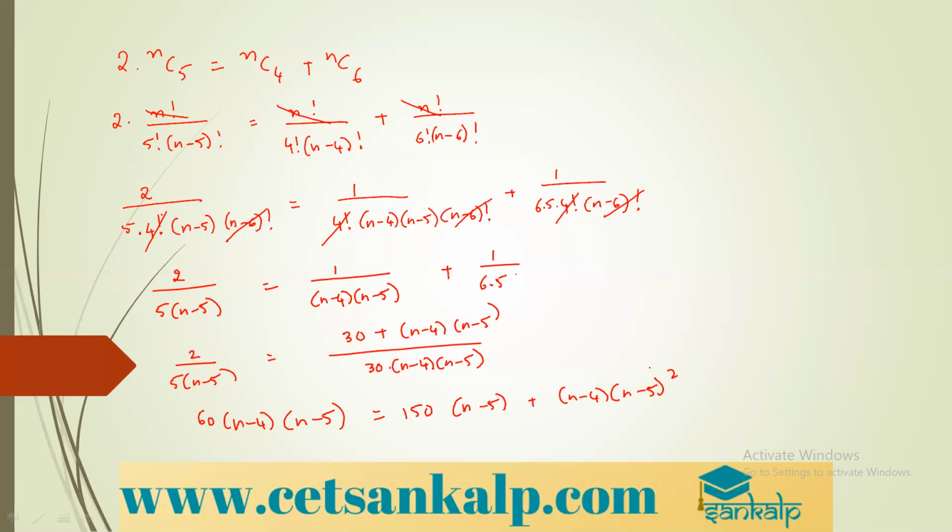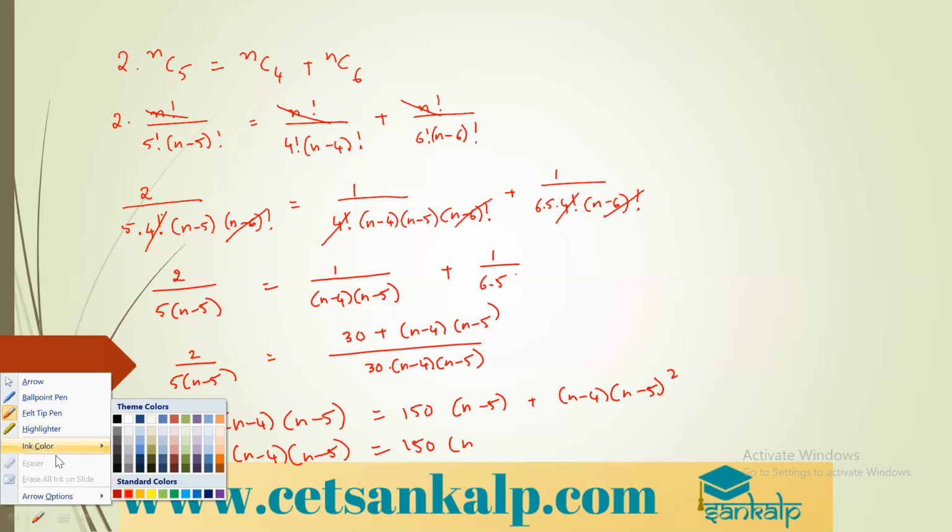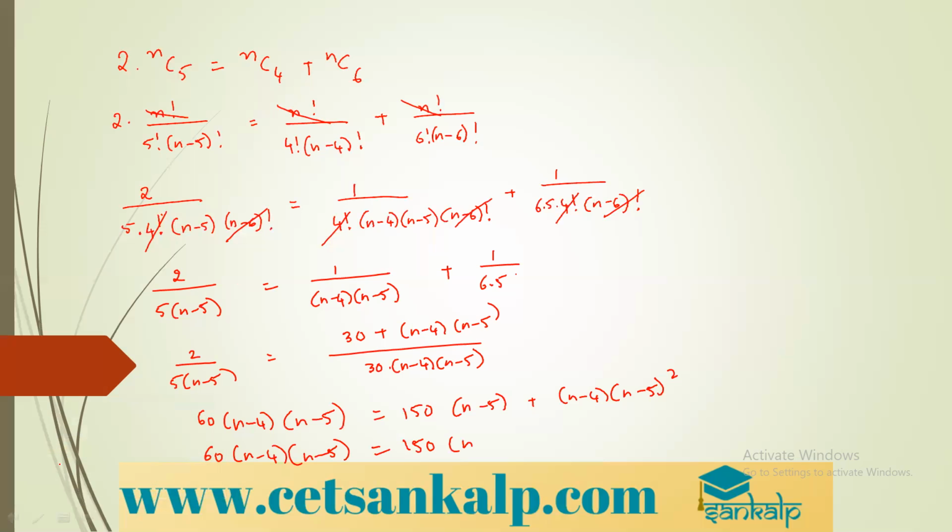This further I have to simplify. So I will write 60 into (n minus 4) into (n minus 5). On the right side, I will take (n minus 5) common.